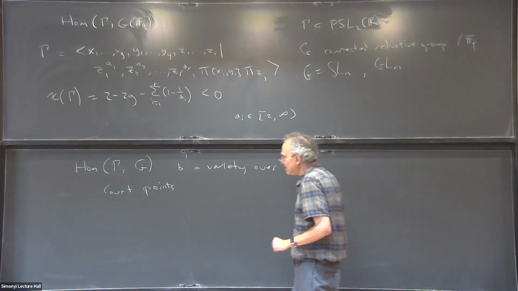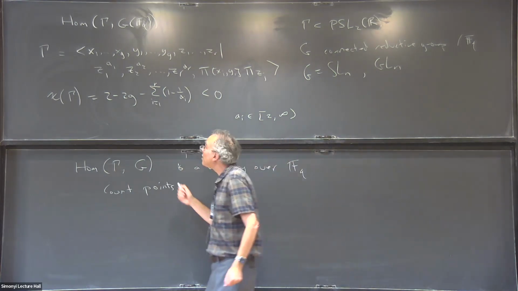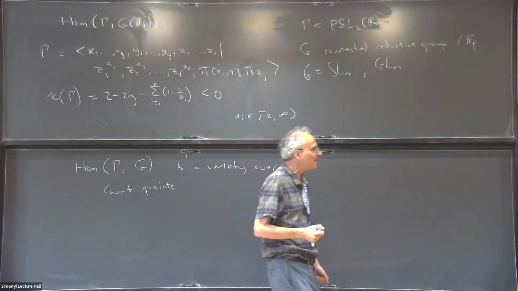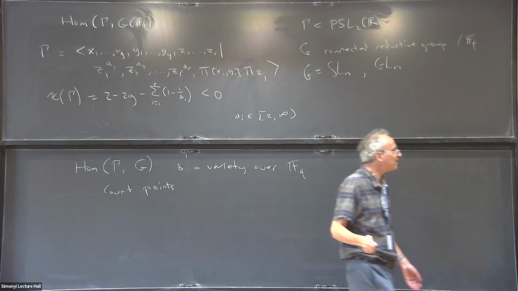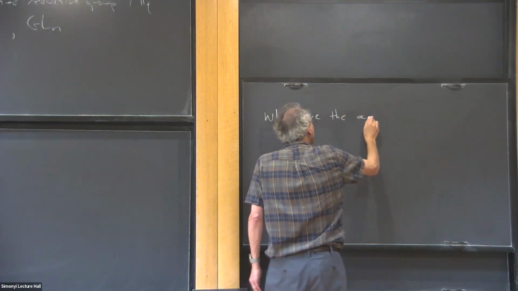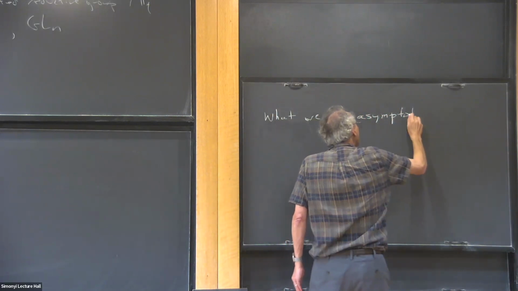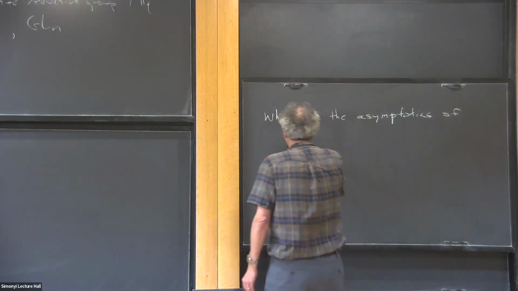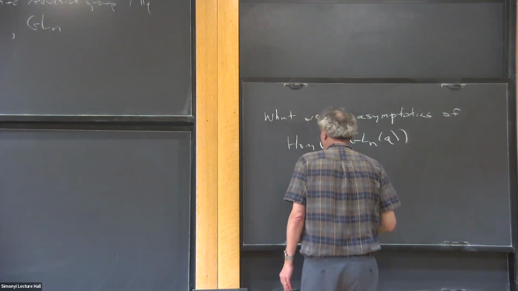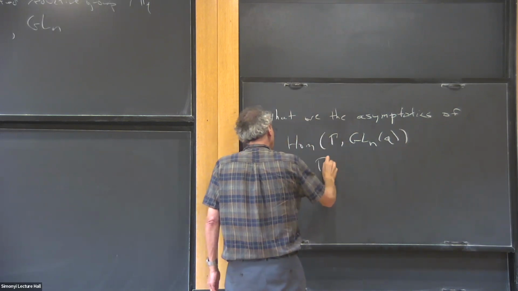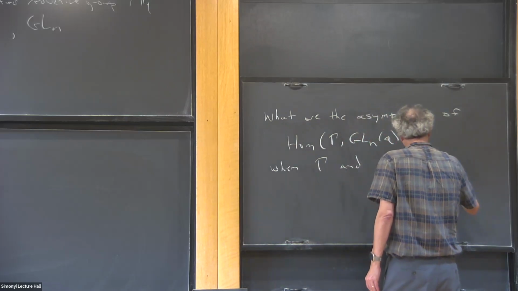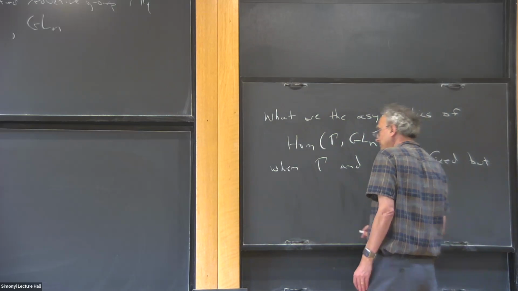But what's certainly more mysterious is what happens if we fix Q and we let n go to infinity, right? And so that kind of question we would like to say something about. What are the asymptotics of gamma GLN Q when gamma and Q are fixed, but n goes to infinity?